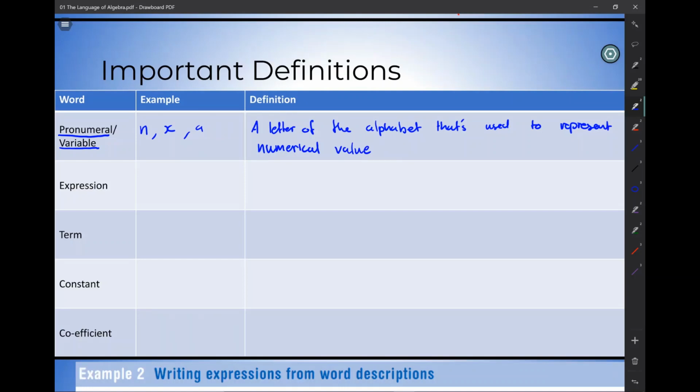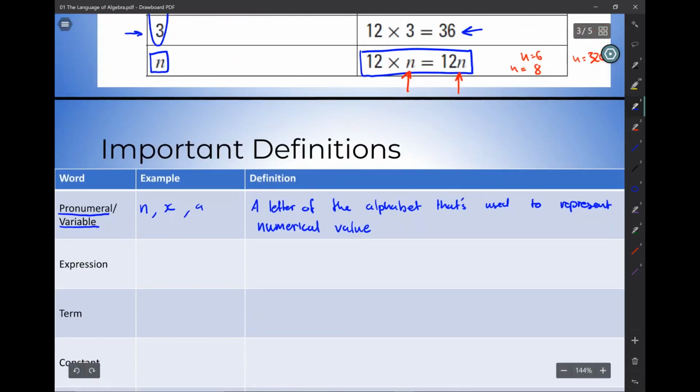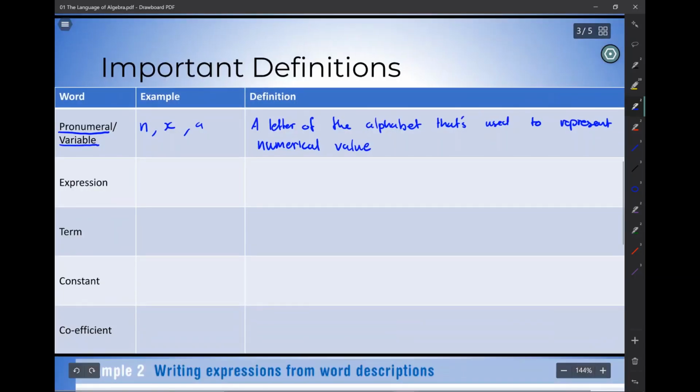Okay, now an expression in the next line is what we make when we're using these letters instead of numbers. For example, this that we were working with up here is an expression. Well, let's say 3a plus 5. That's an expression. It's a statement containing numbers and pronumerals.